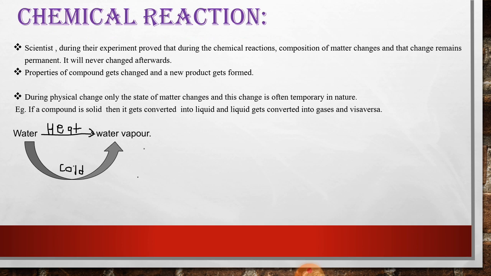Let's take an example. If I heat water, I will get water vapor. Water is in liquid state and water vapor is in gaseous state. So this is a physical change. If I cool water vapor, I will get water again. So it is a reversible change.